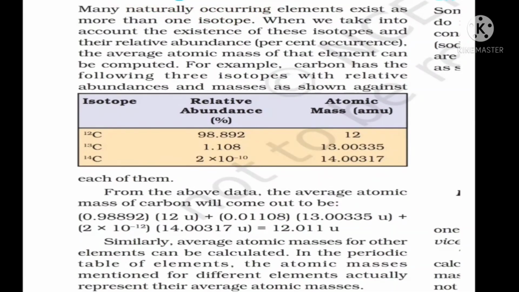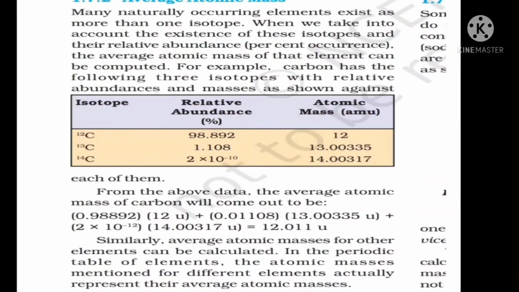Using the formula, average atomic mass equals 98.892 into 12 plus 1.108 into 13.00335 plus 2 into 10 to the power of minus 10 into 14.00317, all divided by 100. We get 12.011 U.